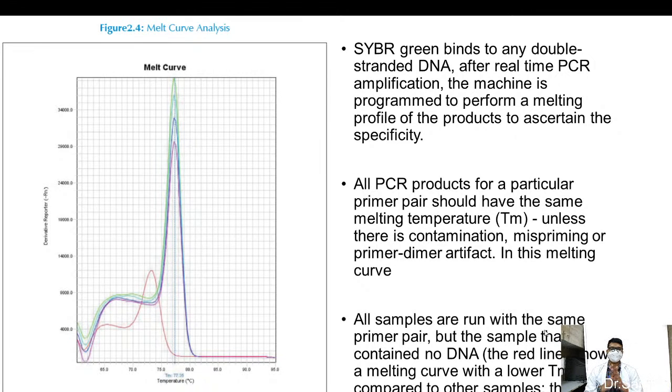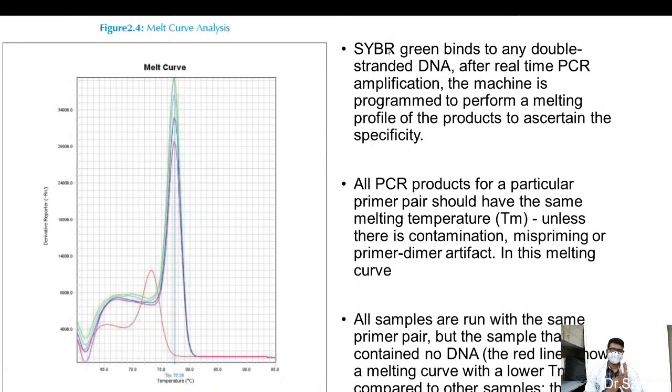Generally, SYBR Green is a dye. This is a non-specific dye that binds to every double-stranded DNA amplified during the PCR process. The other dyes are the probes, and these probes are specific for specific DNA.